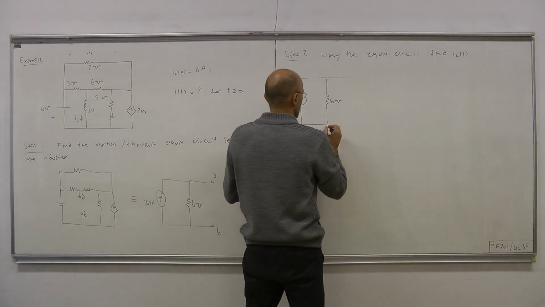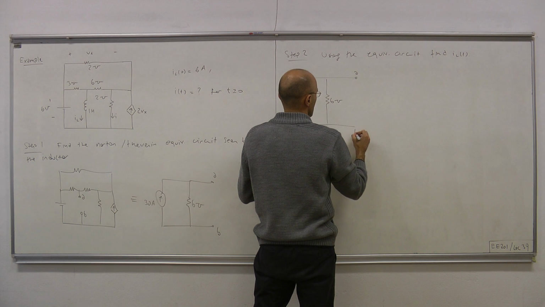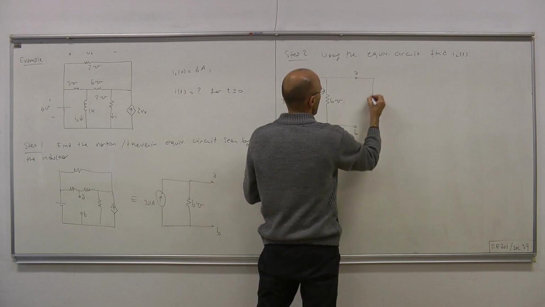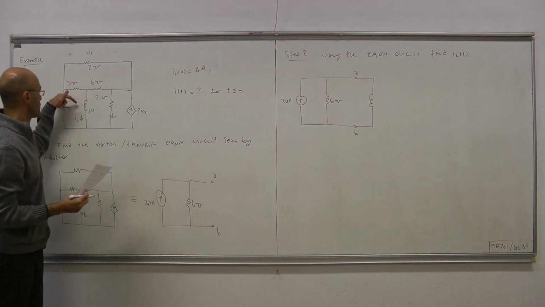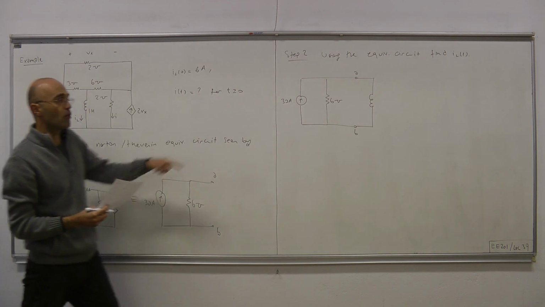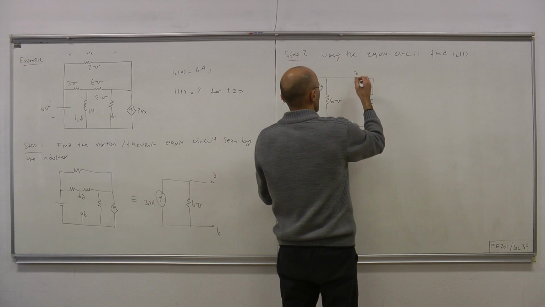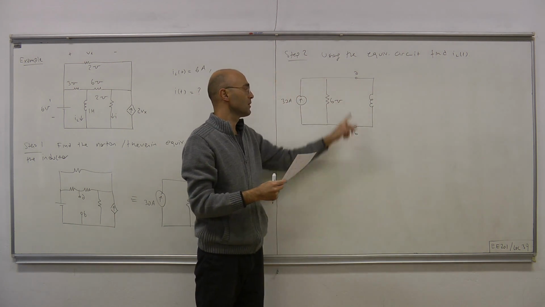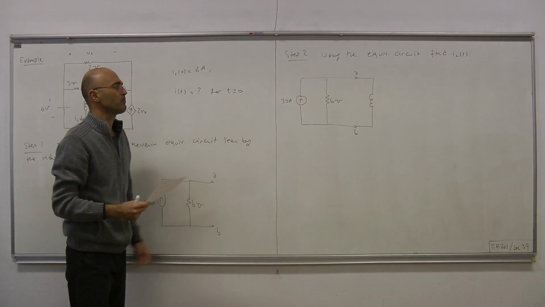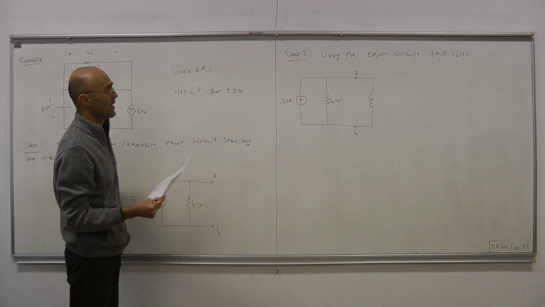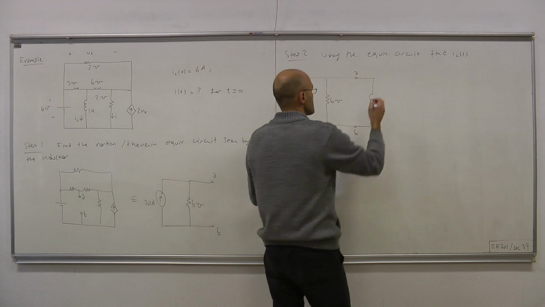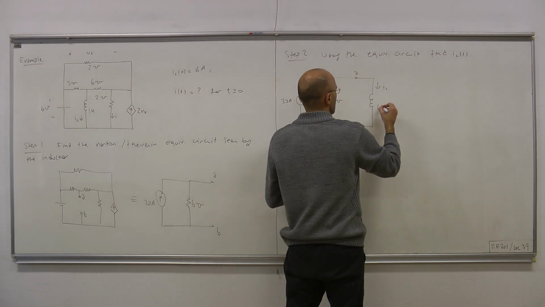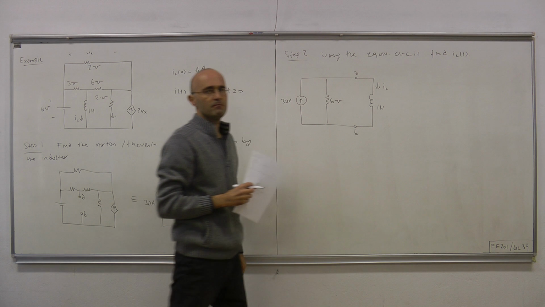We have A, we have B, and here we have our inductor, and the direction of the current is from A to B. That's why we're always careful about proper labeling, since it helps us avoid simple mistakes. This is IL, this is the inductance.